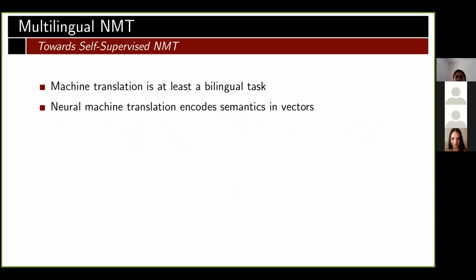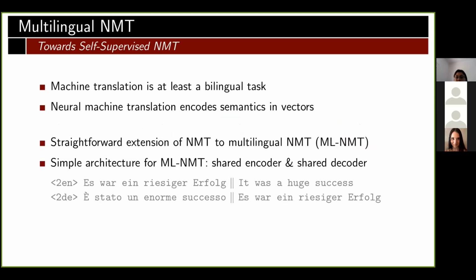So, as I said, machine translation is at least a bilingual task. So from the beginning it is very close to multilinguality. We've seen that it encodes semantics in vectors. And we have just seen also that going multilingual can be very simple. We just need to append a tag at the beginning of the source sentence when we want to remove ambiguity about which language to translate into.